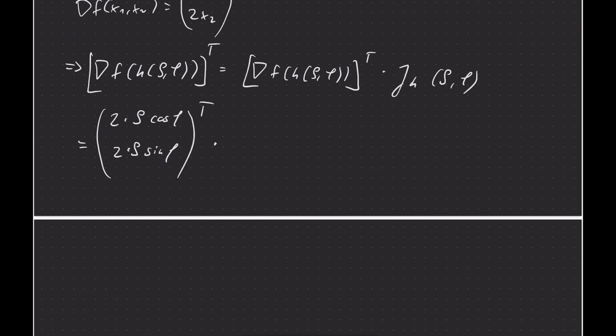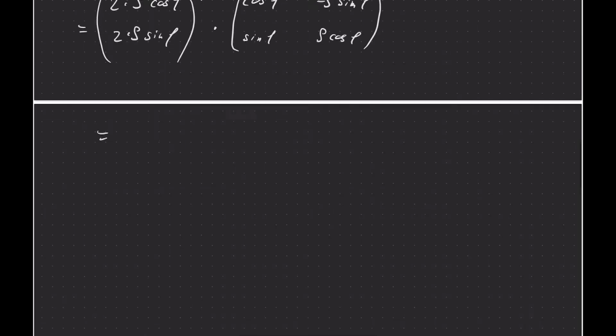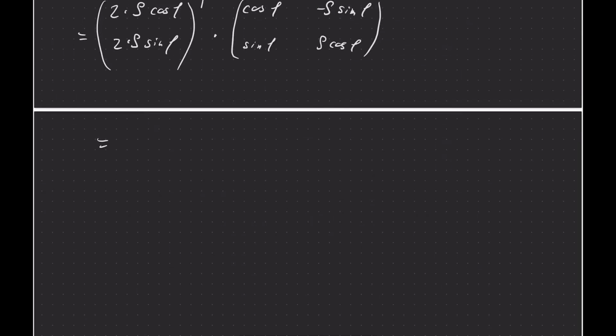And the Jacobian, we have computed that before. Remember, that was cosine of phi, minus rho sine of phi, and rho cosine of phi. So we just need to do that multiplication here. And well, what does that yield? That is 2 times rho times cosine phi squared plus 2 times rho times sine phi squared.